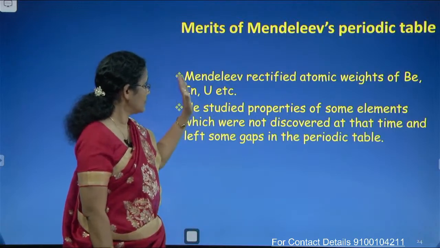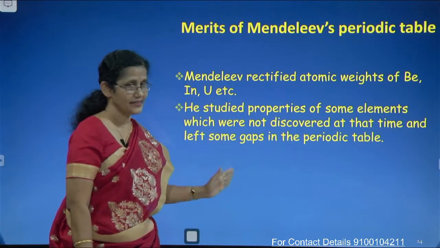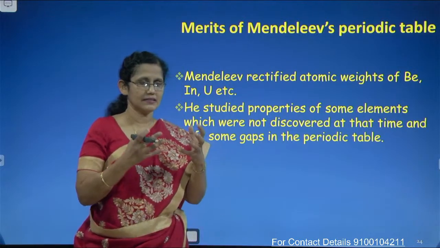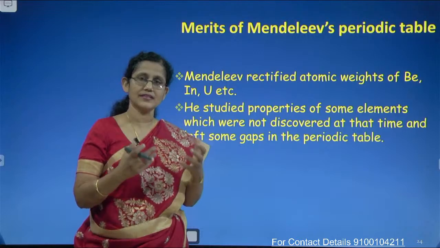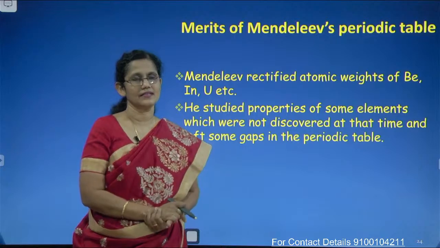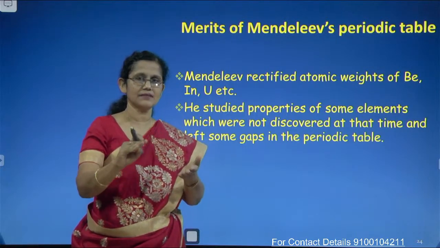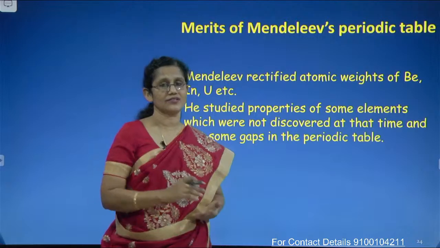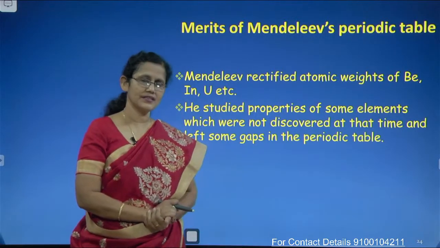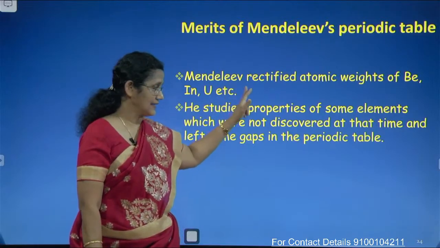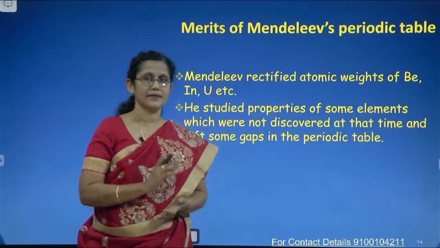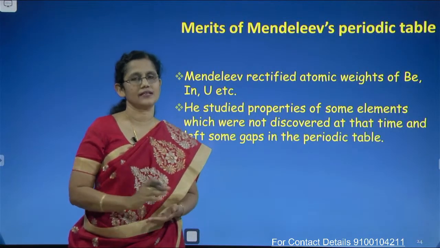Then what are the merits or advantages of Mendeleev's periodic table? Just now we discussed. He studied the properties of some elements which were undiscovered at that time, right. So, he left some gaps in the periodic table, that is one merit, advantage. Next, he rectified atomic weights of certain elements, beryllium, indium, uranium.